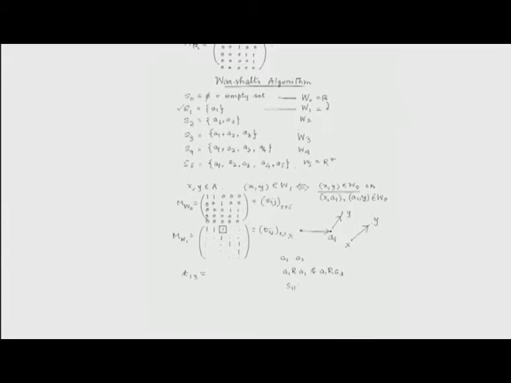If A 1 is related to A 1, then S 1 1 must be 1, and if A 1 is related to A 3, then S 1 3 ought to be 1 also, but we see that S 1 3 is not 1, but it is 0. So, this is not correct. S 1 3 is 0, therefore, T 1 3 is 0.